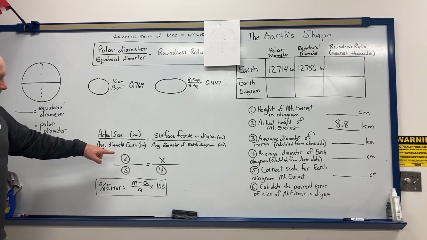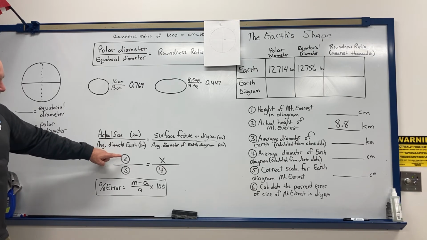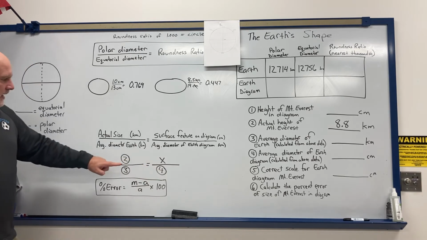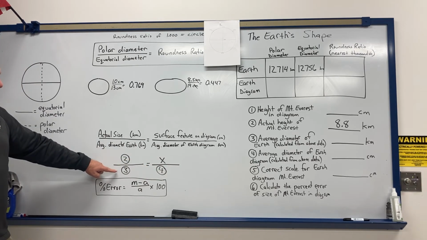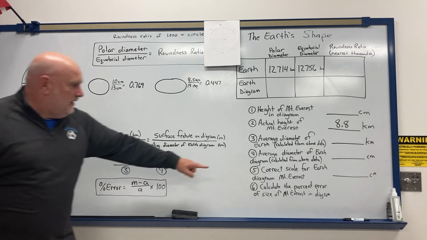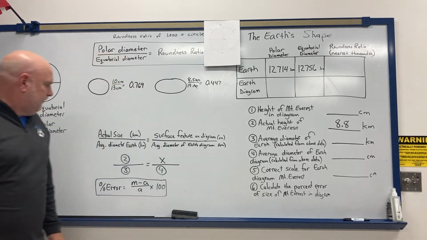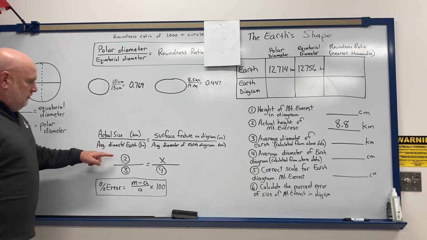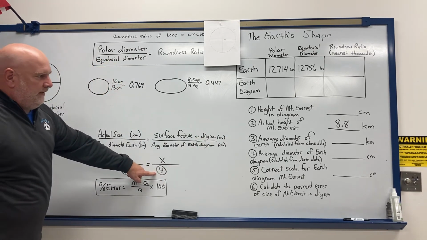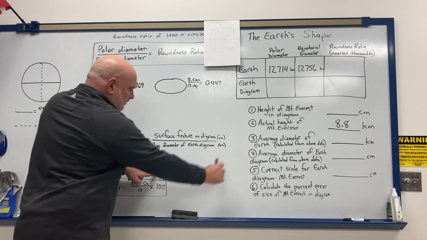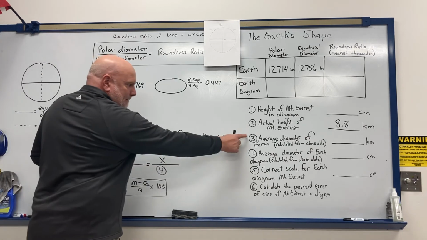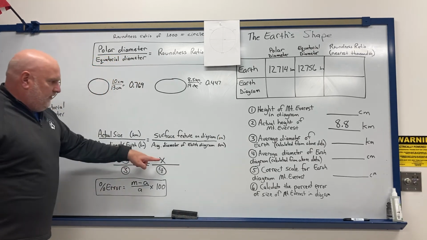So it's going to be the number from line 2 times the number from line 4, divided by the number from line 3, which will give you X. So the number from line 2, times the number from line 4, divided by the number from line 3, solves it for X.